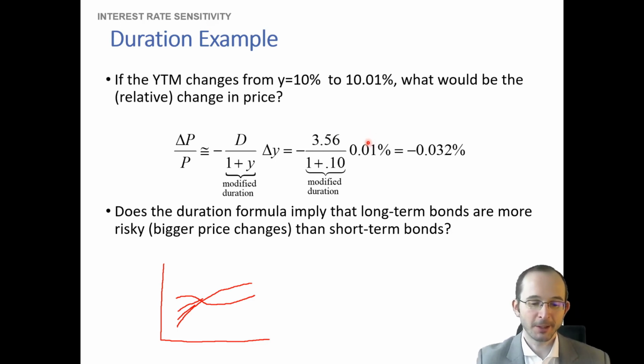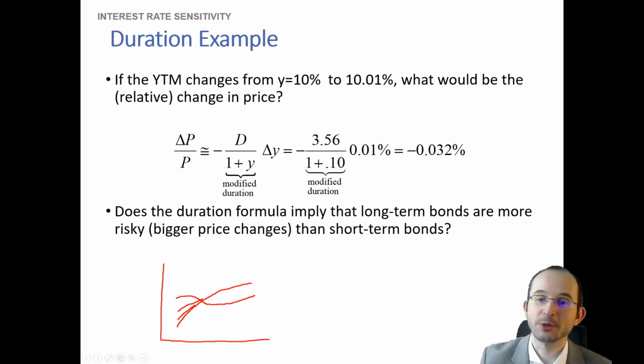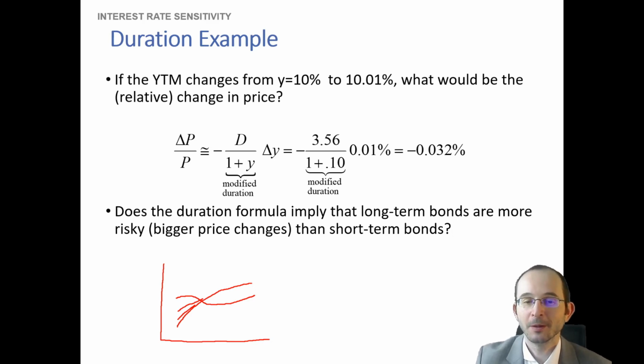So not necessarily. Short duration bonds can have substantial exposure to yield changes as well, mostly just because bigger changes in yield are possible. But putting yield changes on an equal footing, then of course having a longer duration does make for a greater exposure to those equal yield changes.